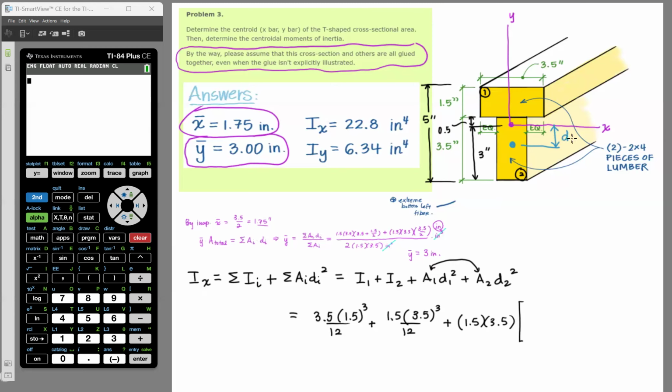So there is my perpendicular distance between the 2 parallel axes, thus the name parallel axis theorem, PAT. Okay, so that distance, let's see, from here to here is half of 3.5.